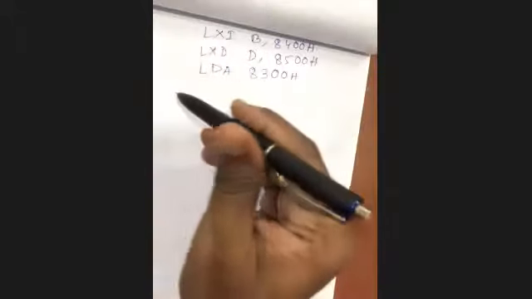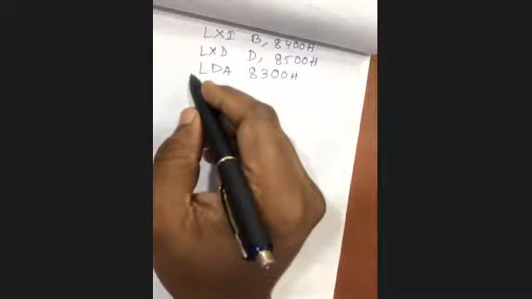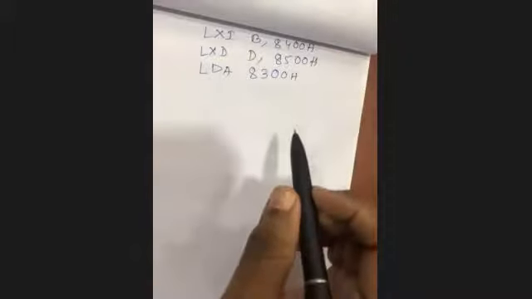Move B comma A. Anything else? Because register copy to the accumulator. Move B comma A is nothing but the content of the accumulator will be copied into the B register.